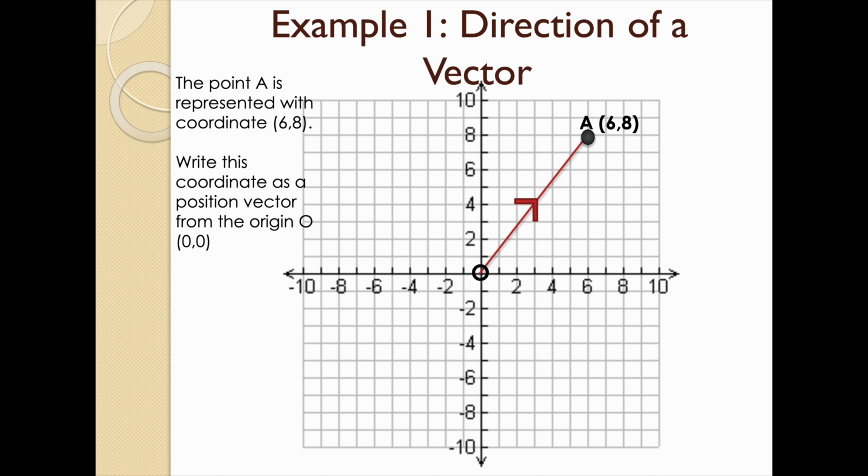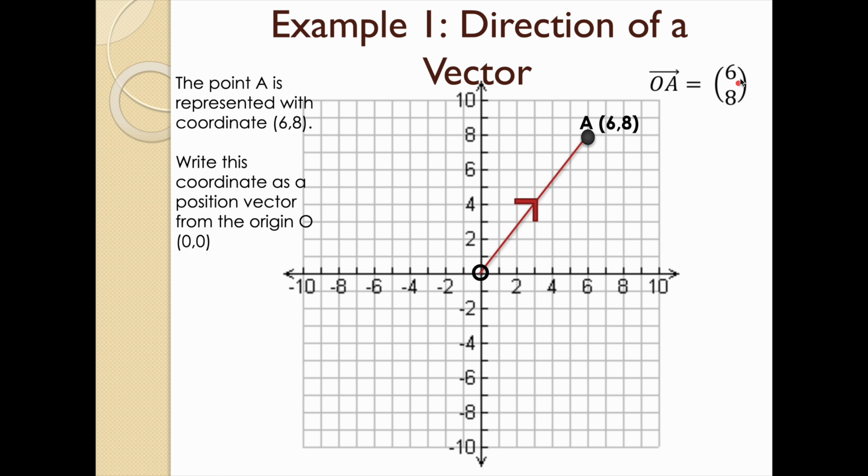I'm going to call it positive 6 because I'm moving to the right. And then I have to go up. We always move across the x-axis first and then the y-axis. So we did the x part. Now we're going up. 1, 2, 3, 4, 5, 6, 7, 8. Bearing that in mind, I can write my vector O to A as 6, 8.